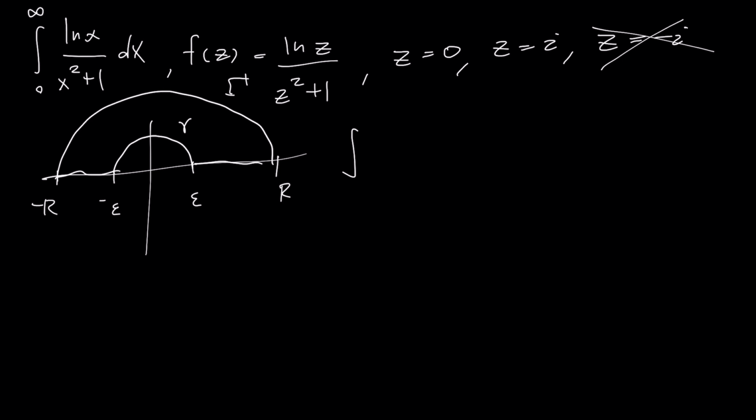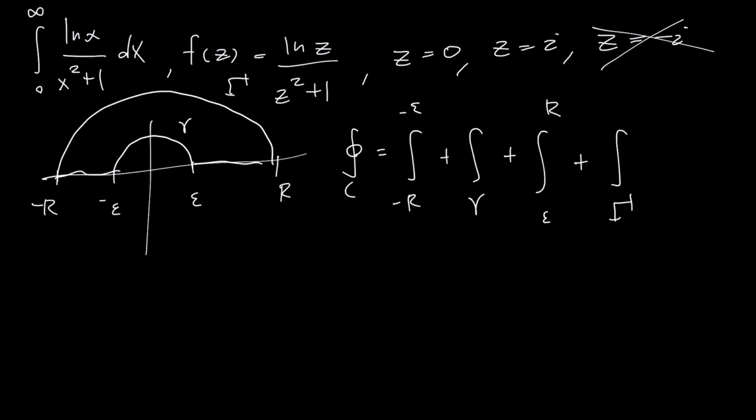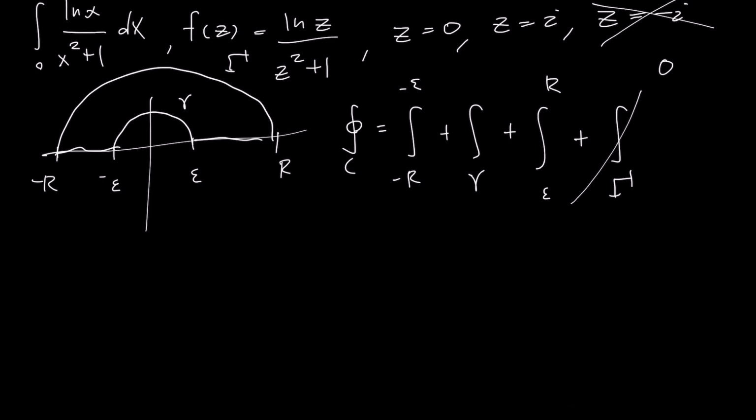And so the integral over this contour will equal the integral from minus r to minus epsilon, plus the integral over the small loop, plus the integral from epsilon to r, and plus the integral of big Gamma, but this will eventually go to 0. And I'll focus on this first integral, the integral from minus r to negative epsilon of the natural log of x divided by x squared plus 1 dx.